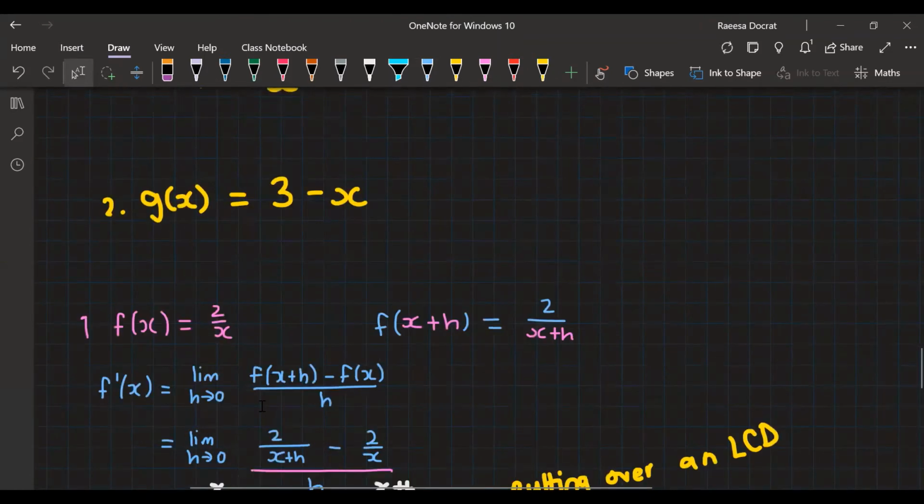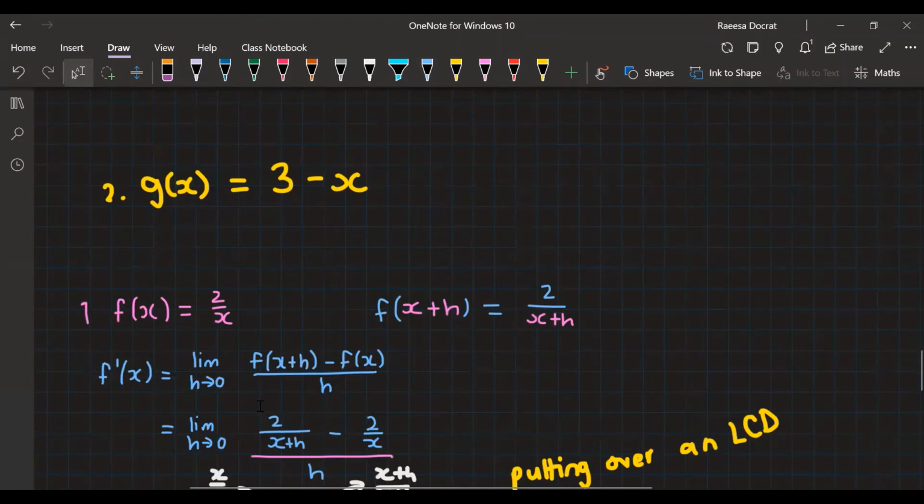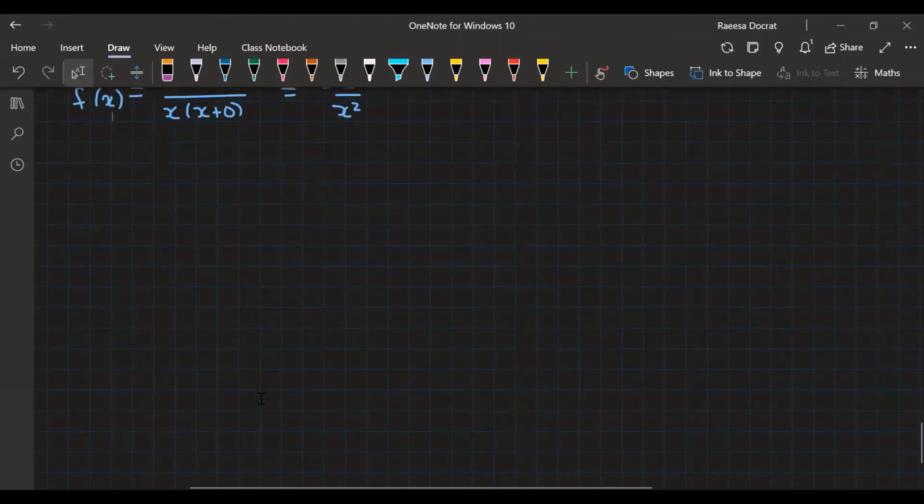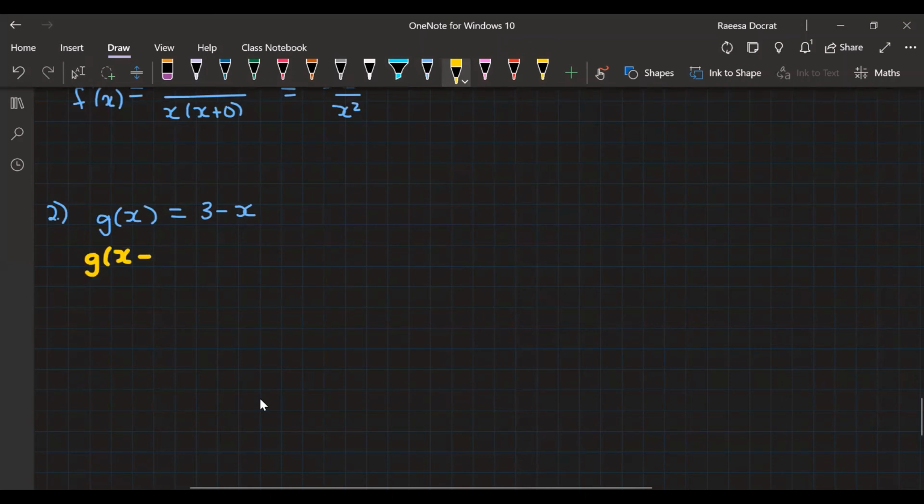Let's have a look at the second one, which is g of x is equal to 3 minus x. So our next step is to get g of x plus h, which is 3 minus, and in the place of x, I'm now putting x plus h.